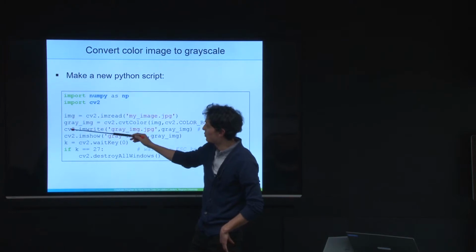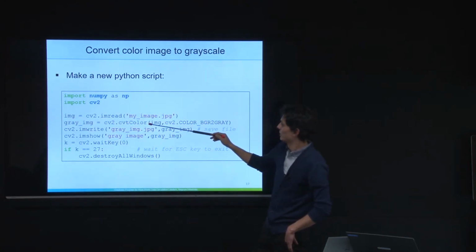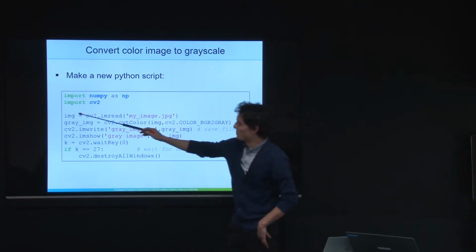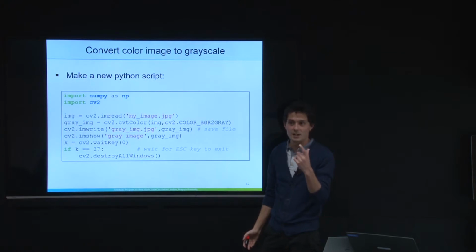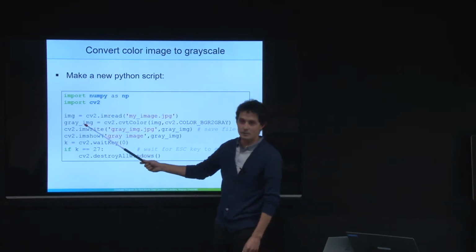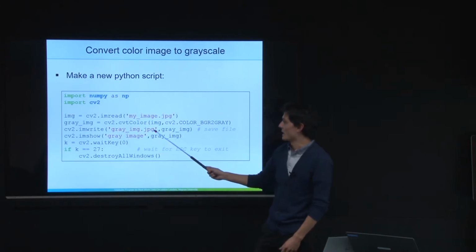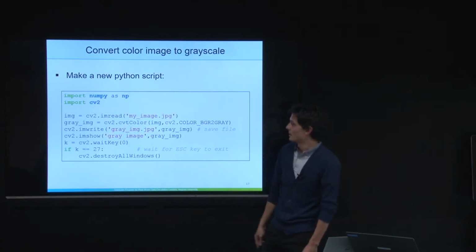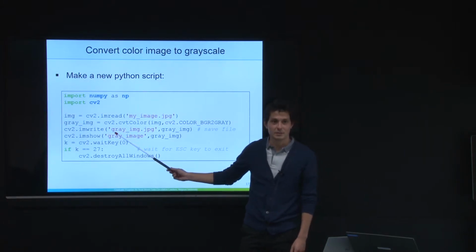Now we've made a new matrix and stored the output of this convert color function, which takes this matrix and turns it into a single channel. So it combines the 3 RGB channels and makes a grayscale image matrix. Then it writes it to a JPEG file, and then we do the same, showing it just so that we can see what a grayscale image looks like.